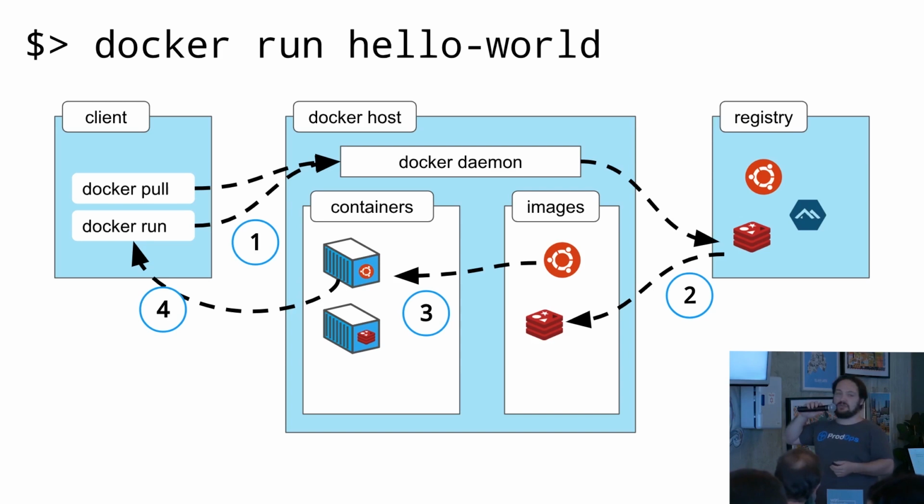So it goes to some kind of registry where images are stored. By default, it will be hub.docker.com. And it will try to search for the hello world image. Once it found it, the second step is it will copy it over to its local cache.